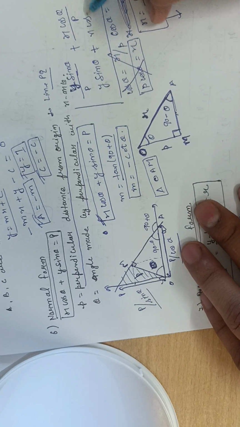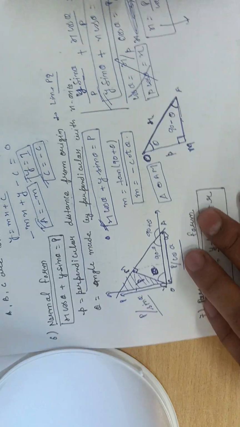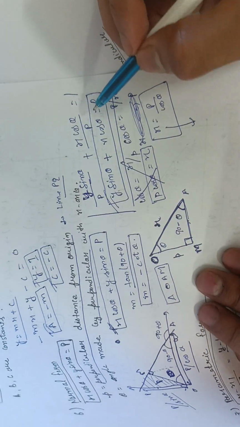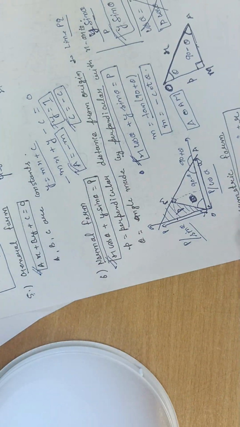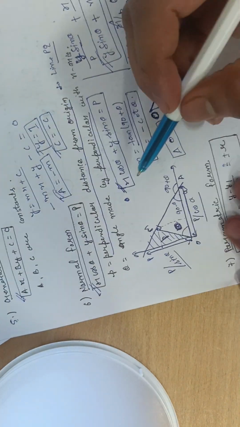So this is the equation which comes out, the equation of the normal form of a line. I think you will get how we derive it. You can also derive it with the slope.